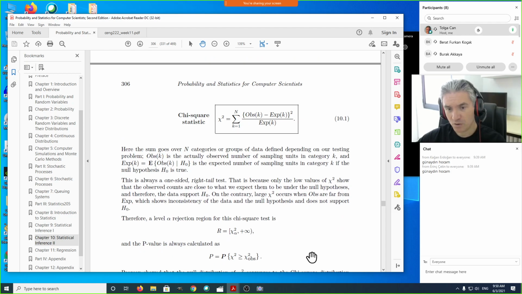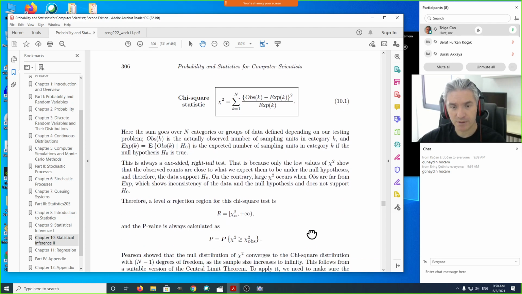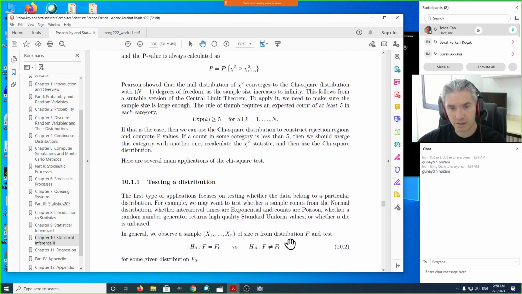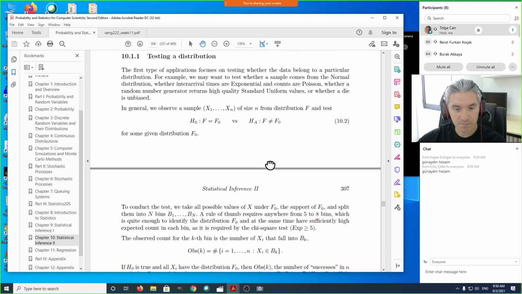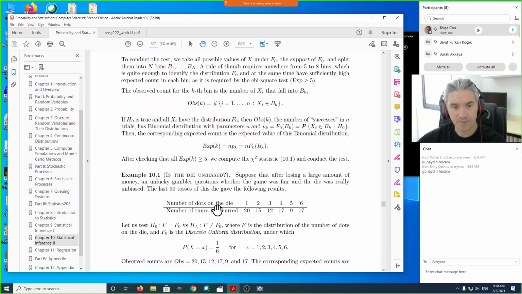On Tuesday, we talked about the first 2 examples. If we quickly go over them, for example, testing whether a single die is fair or not. A gambler, in 90 tosses of a die, had these observed counts.